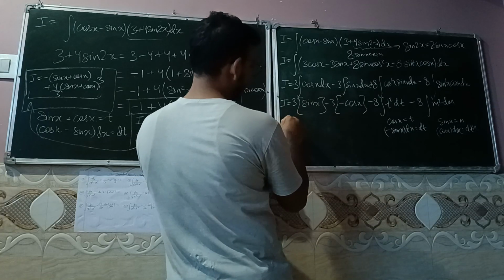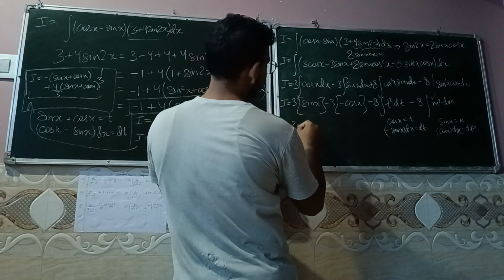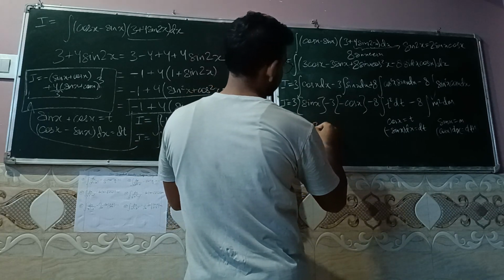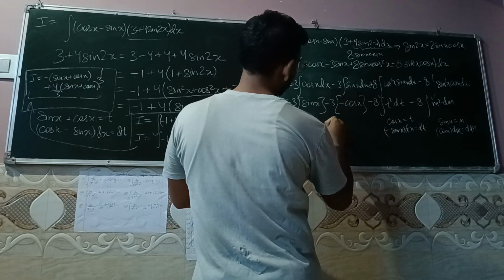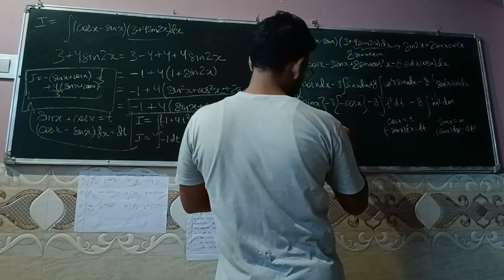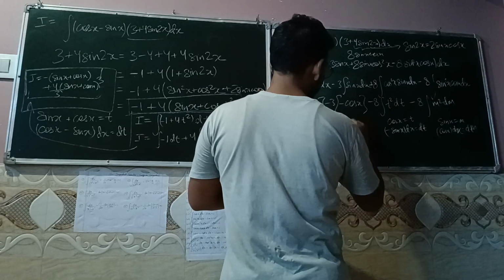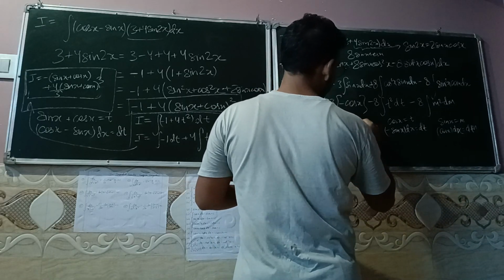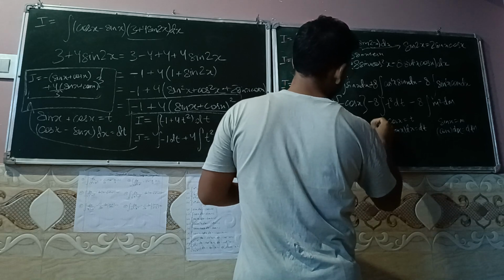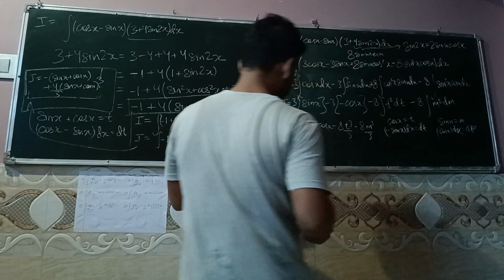So we have our I as 3 sin x plus 3 cosine of x minus 8 times t cube over 3 minus 8 times m cube over 3, right?